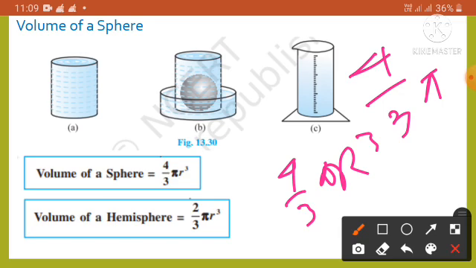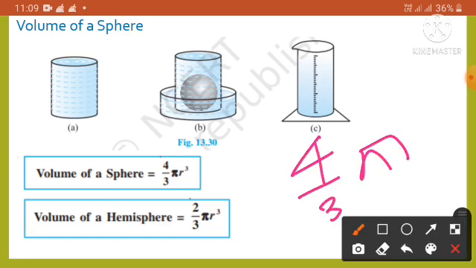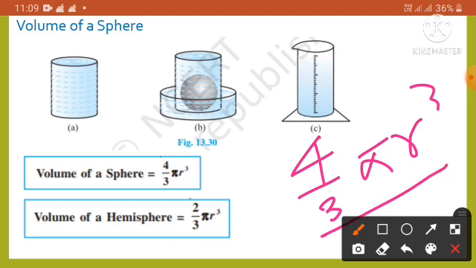So the volume of a sphere is 4 by 3 pi r cube, where r is the radius of the sphere. Since a hemisphere is half of the sphere, we can easily write the volume of the hemisphere as 2 by 3 pi r cube, where r is the radius of the hemisphere.